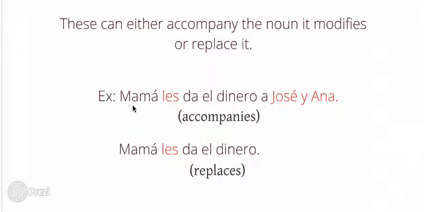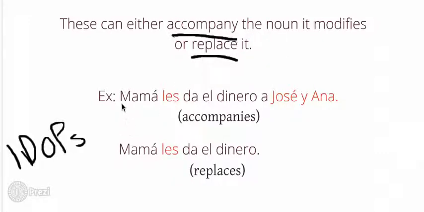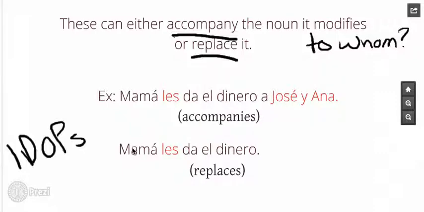All right, with indirect object pronouns, these can either accompany the noun it modifies or replace it. This is different, okay? Direct object pronouns always replace, but we can accompany with indirect object pronouns as well. So here's an example of both. Mom gives the money to Jose and Ana, okay? Remember our questions? To whom or for whom?